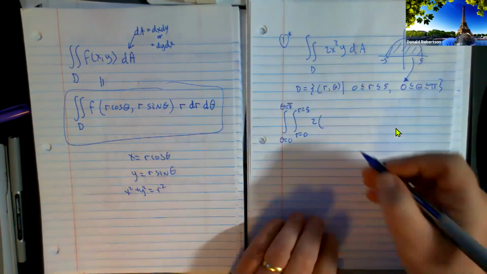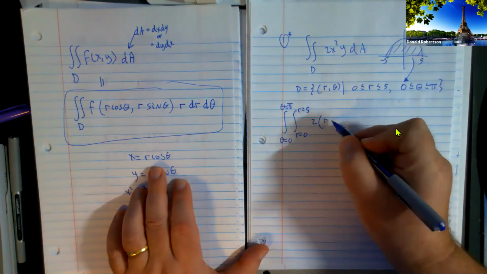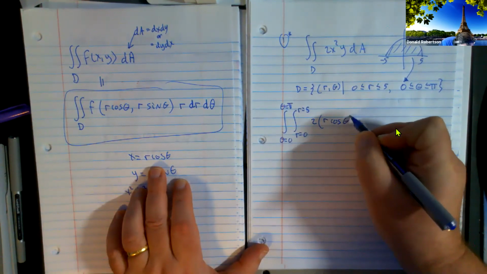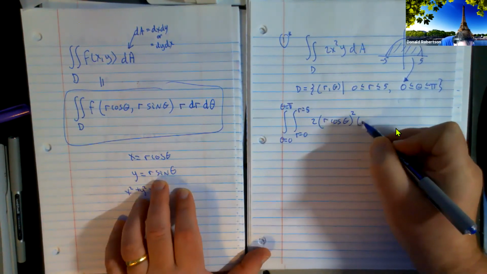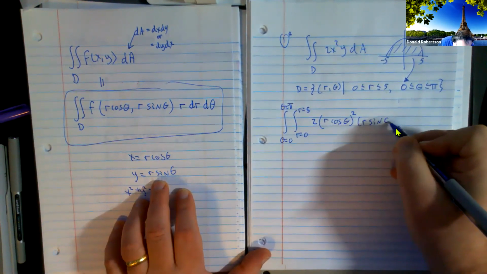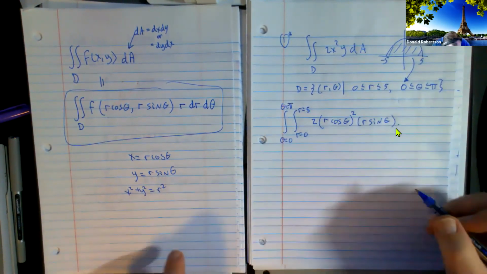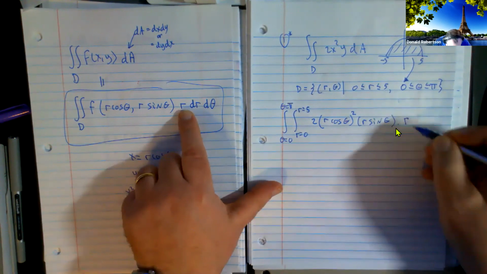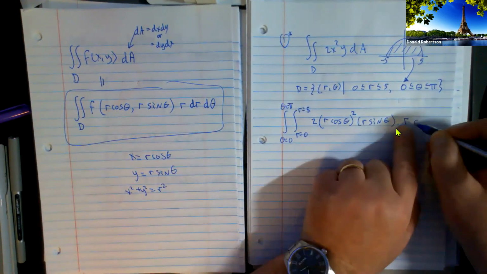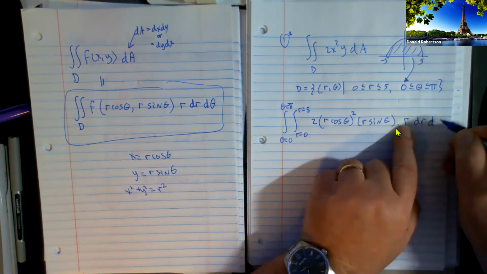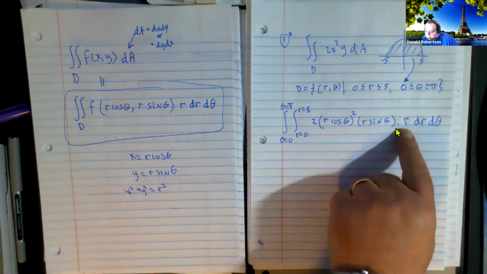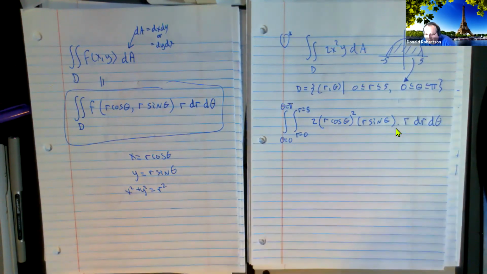Two x squared becomes 2 r cosine theta squared, or sine theta. And then remember that extra r. I keep forgetting that little r myself, you know, that little r that you just trust me on.